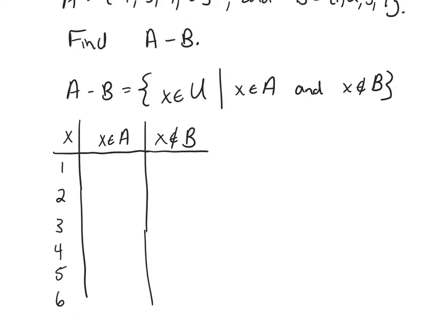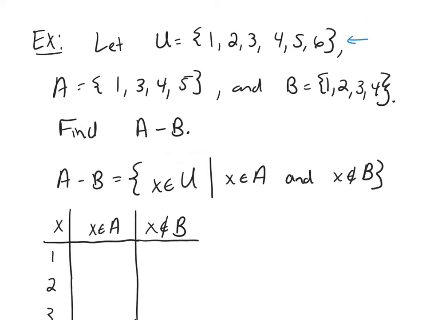So let's look at our element 1. Was it an element of A? And the answer is yes, so that is true. Is 1 not in B? 1 is in B, if I look up here, so this would be false.